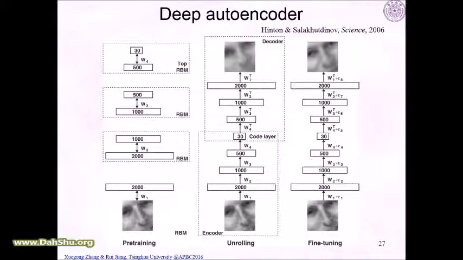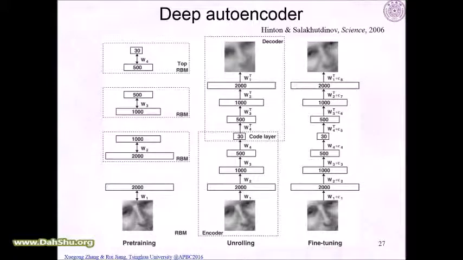And then they add this kind of unrolling or decoding layers, and they use the original input as the desired output to fine-tune all the parameters. This is one training using RBM training.